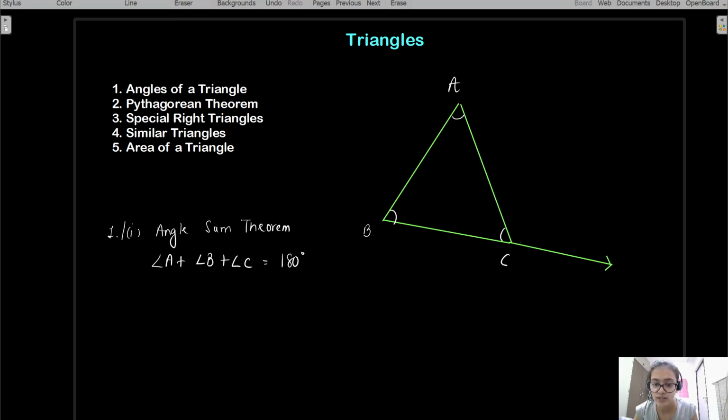So this point was C, and let's say that this point is E now. So next we have, sorry, not angle sum theorem, it's exterior angle theorem.